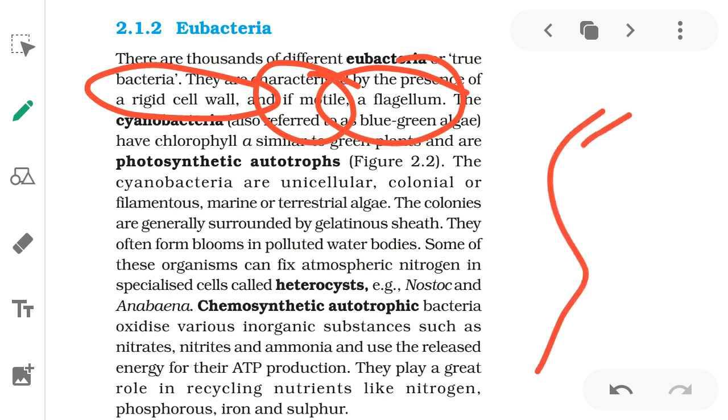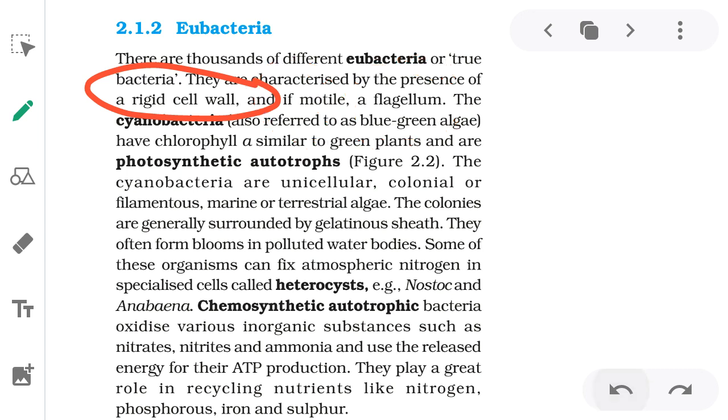Flagellum is a tail-like structure. So it helps in the movement. That means motile. So we can say the bacteria that come into the eubacteria can move if they have a flagellum.